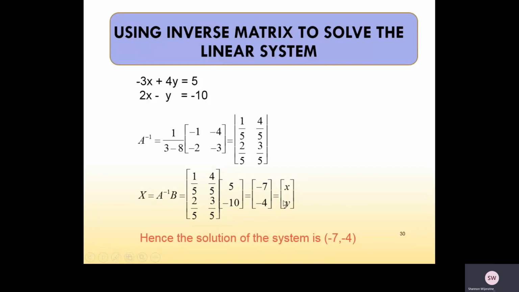So we can find the answers for x and y by taking the corresponding elements of the matrices. The first element is x and the second element is y. So x is minus 7 and y is minus 4. The solution of the system is minus 7 and minus 4.